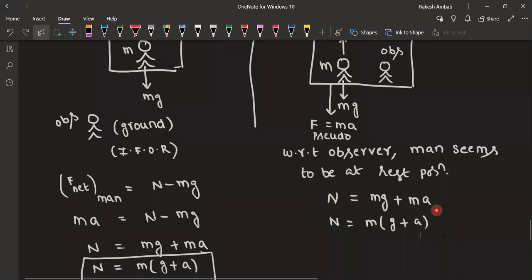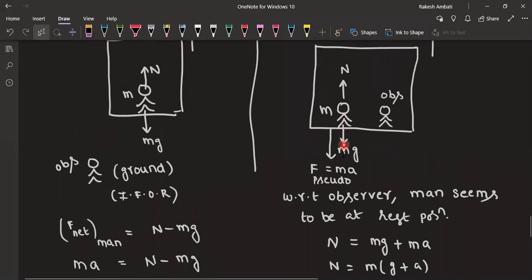This result is possible only by taking the pseudo force. That's why I told you in the theoretical points that generally in a non-inertial frame, Newton's laws of motion are not applicable. But to apply Newton's laws of motion, along with real forces, we have to consider a pseudo force.